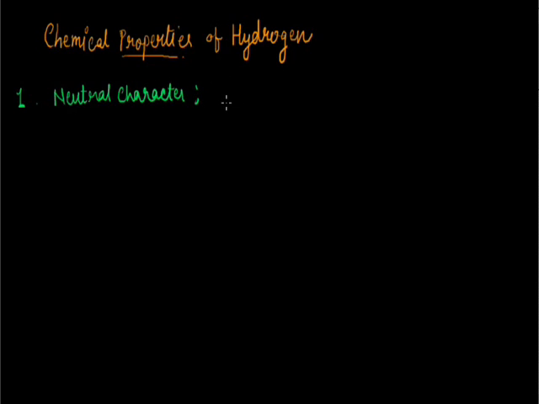Means the hydrogen is neutral to litmus. When we treat the hydrogen gas with the litmus paper, it will show no color change.